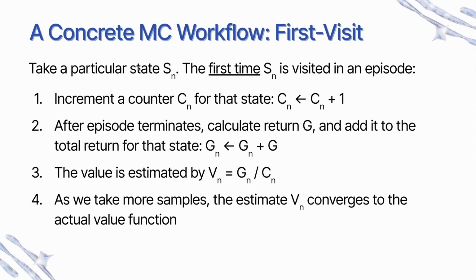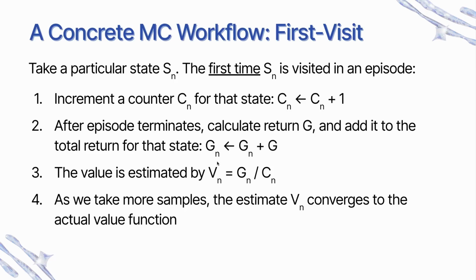Okay, so this is a concrete Monte Carlo algorithm. Let's say you have a particular state Sn in some environment, and you keep running Monte Carlo. The first time Sn is visited in an episode, you increment a counter for that, so you add the visitation frequency, +1. After the episode terminates, you calculate the return G and add it to the current running estimate of the value for that state.